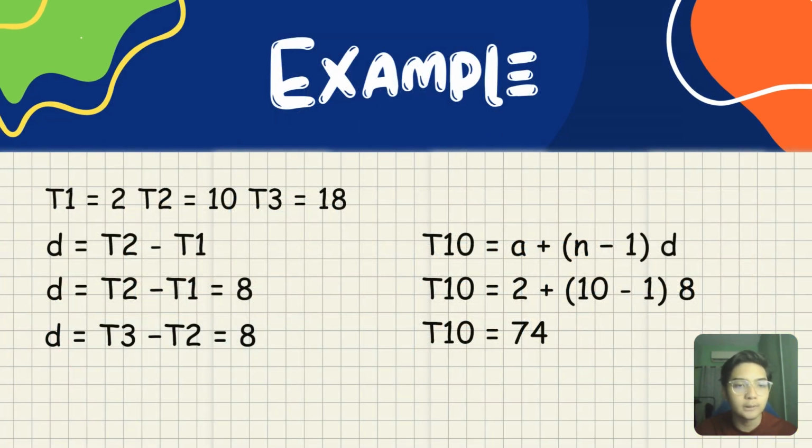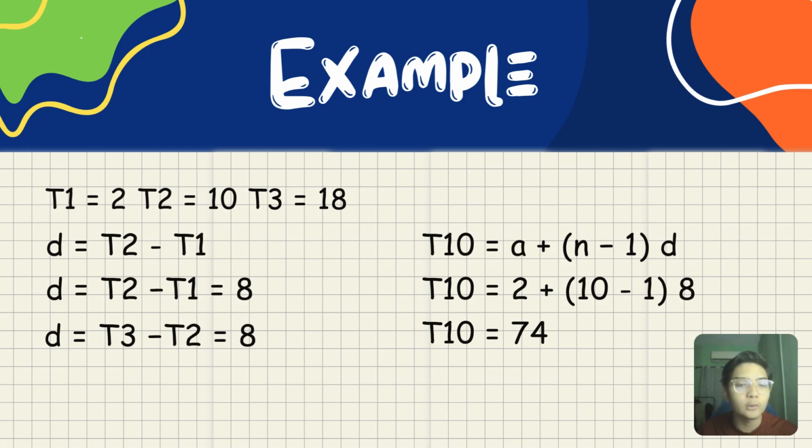This is the first example. Let's say this is the sequence you are given, and you are asked to find the 10th term. The first term is 2, the second term is 10, and the third term is 18.